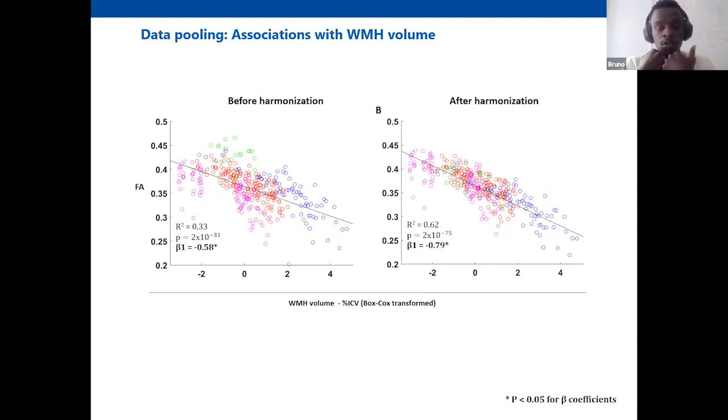And here I show you results for white matter hyperintensity volume, the relationship between this marker and diffusion metrics. But you can also imagine that we could be looking, for example, at the relation between diffusion and cognition, which typically has much more subtle effect sizes.